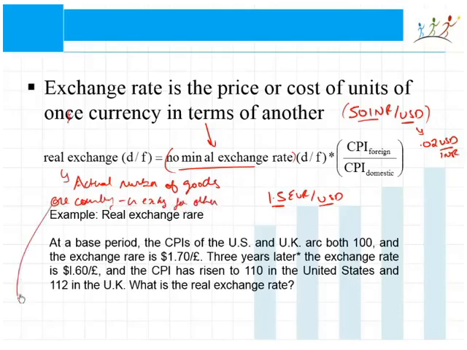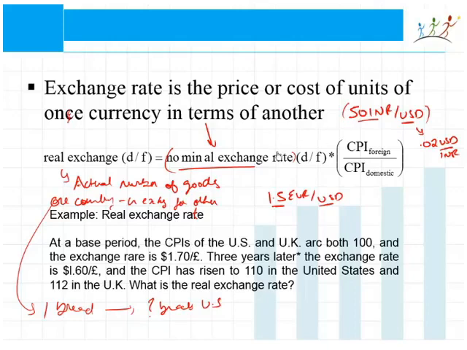So for example, one loaf of bread in India can get us how many breads in the US? That ratio would be the real exchange rate. So it is the actual number of goods that you can get in one country in exchange for the other.